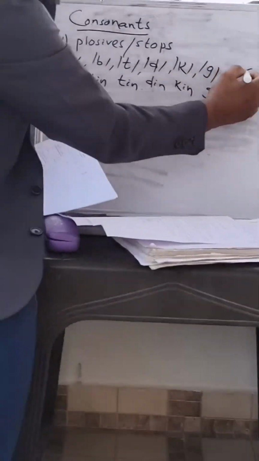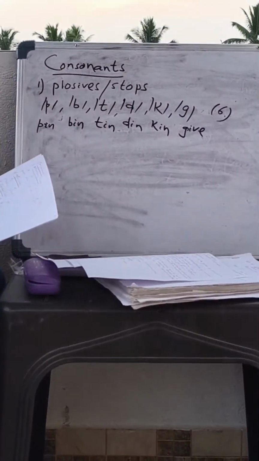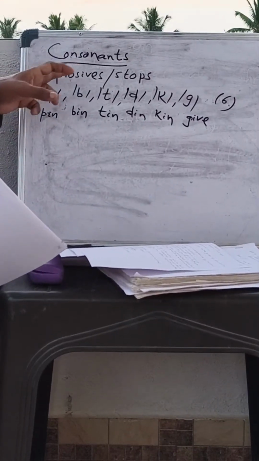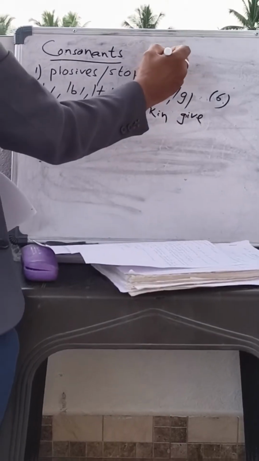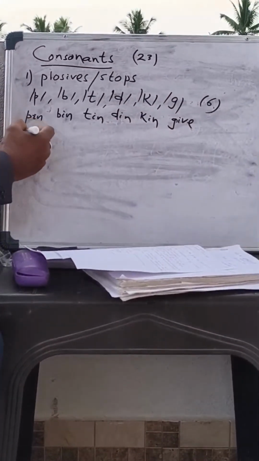There are six in number. Plosives are six out of 23.